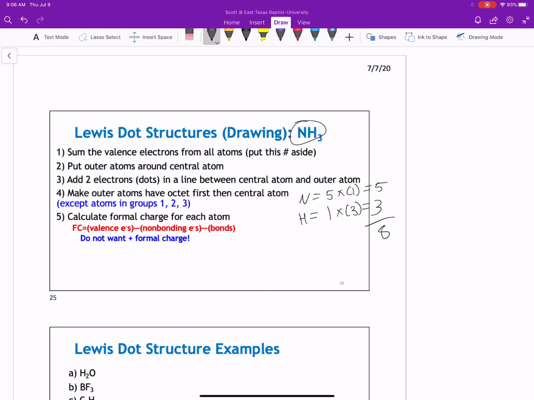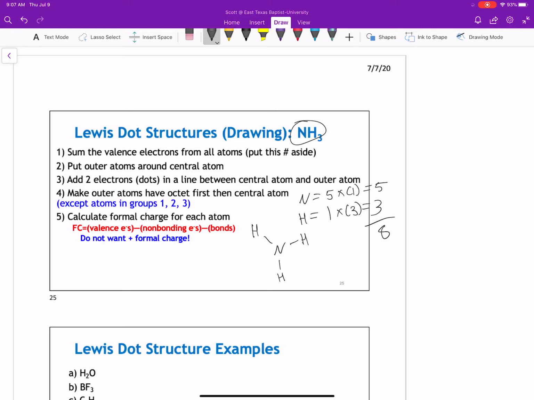Then you have to ask yourself, what would be the most reasonable central atom of this particular compound? Would it be something like an H? I don't think so. I think the more appropriate way to position this molecule would be to put the nitrogen in the center and then position the 3 H's around it, because you know that H makes 1 bond and nitrogen prefers 3.